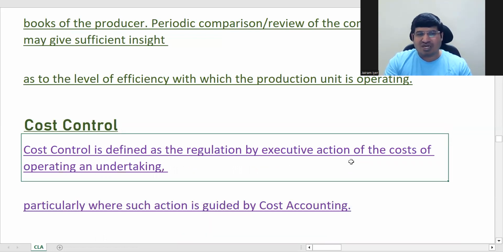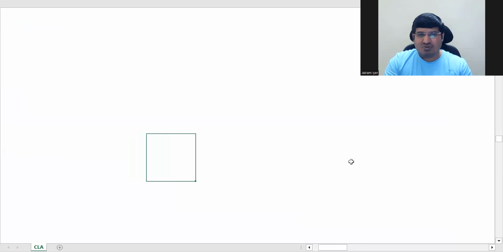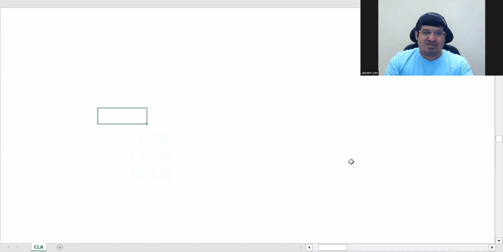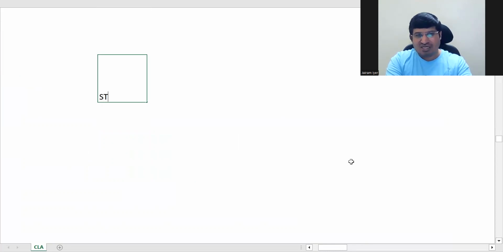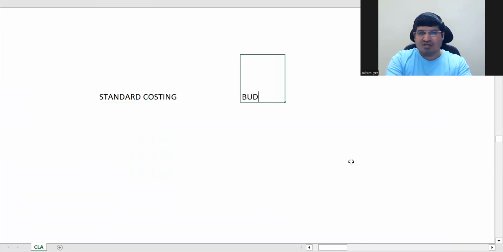So cost control is nothing but, as you go on, you would be learning standard costing, marginal standard costing and budgetary control.